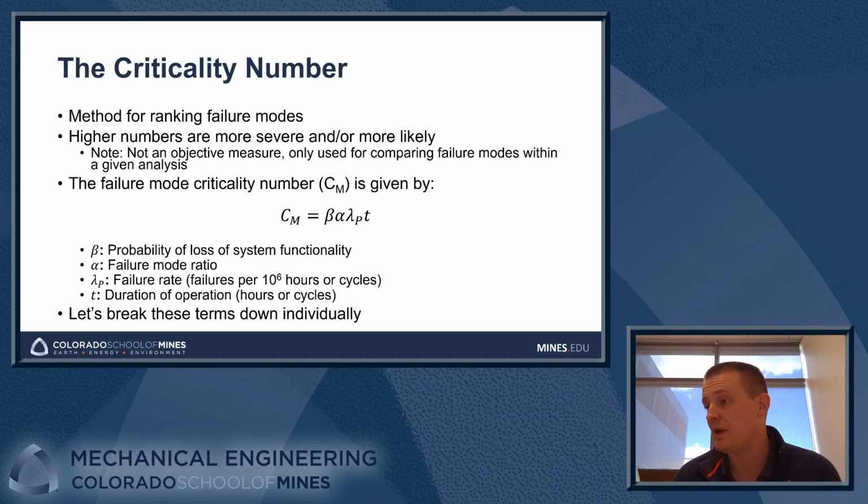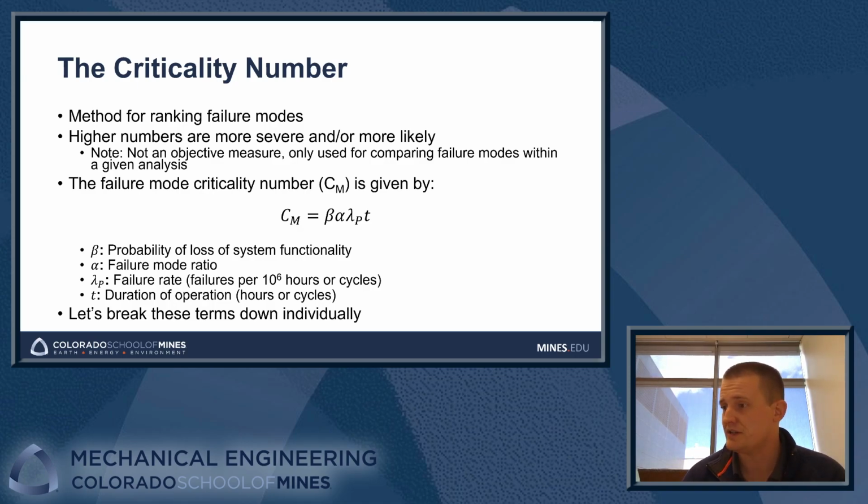All right, the way we identify the failure modes that we want to prioritize our attention on is with the criticality number. This is a method for ranking failure modes in the order of priority that we should address them in. So higher criticality numbers are more severe or more likely or both. An important thing to note here is that the criticality number is not an objective measurement.